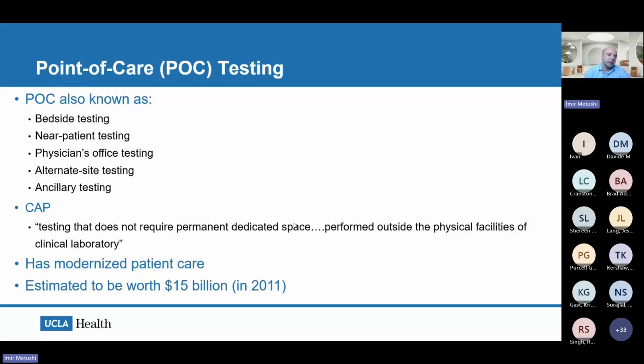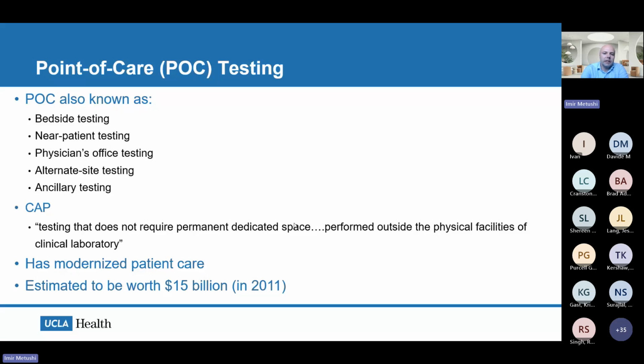For example, this one can be waived and medium complexity, and it allows more access to testing. It is defined as testing that does not require dedicated permanent space, but it can be done, like I said, at bedside or alternative testing site.